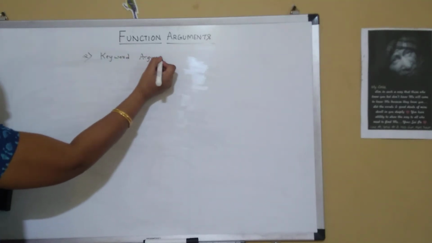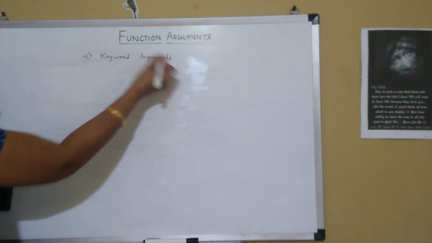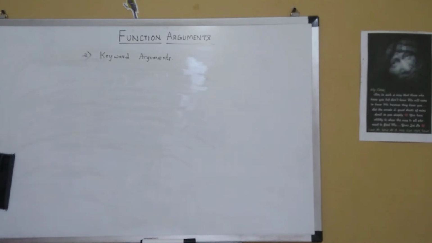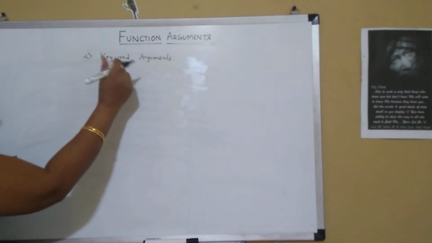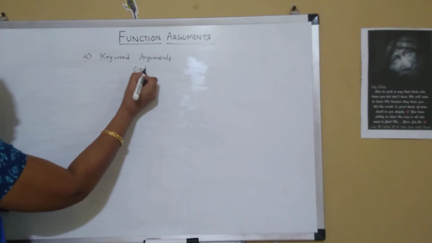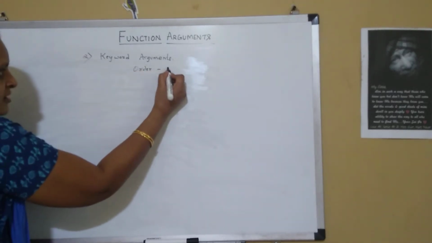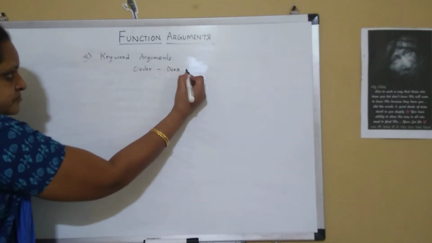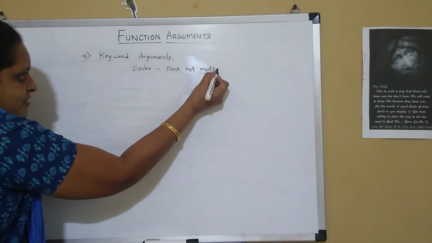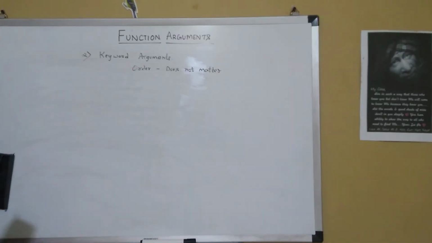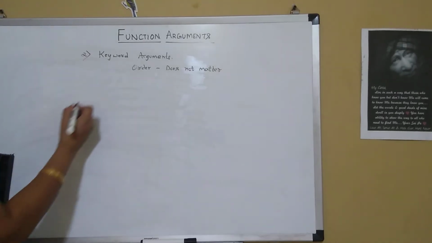In the keyword arguments, the number of arguments in function call and function definition should be the same, but the order does not matter. Order does not matter because the value will be assigned based on the keywords.